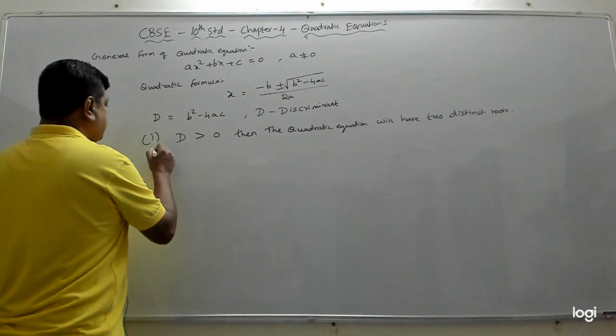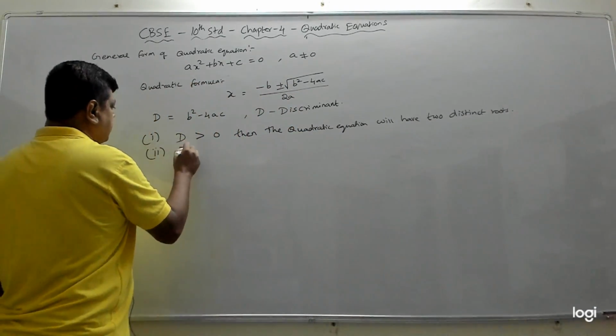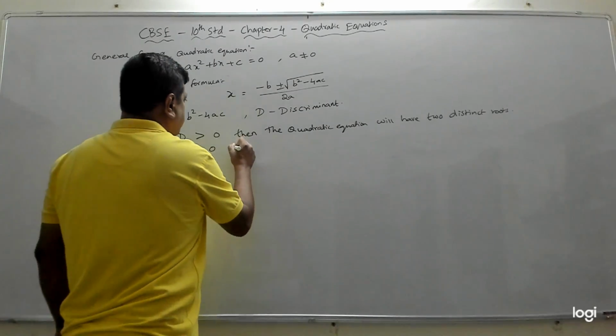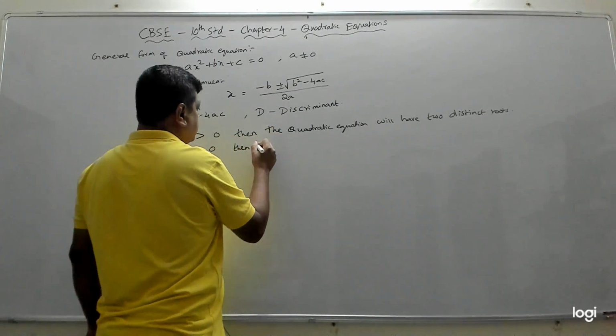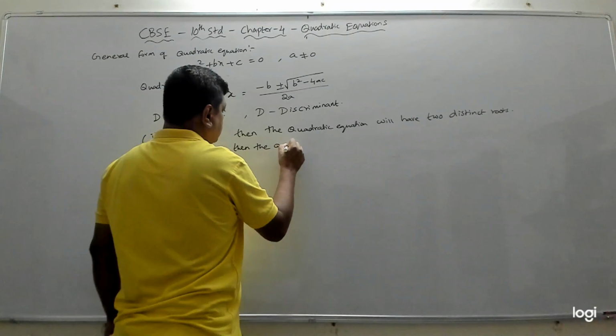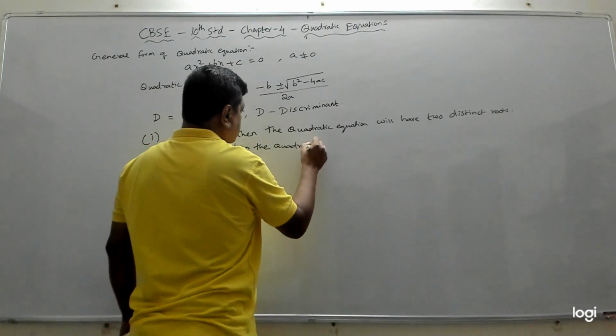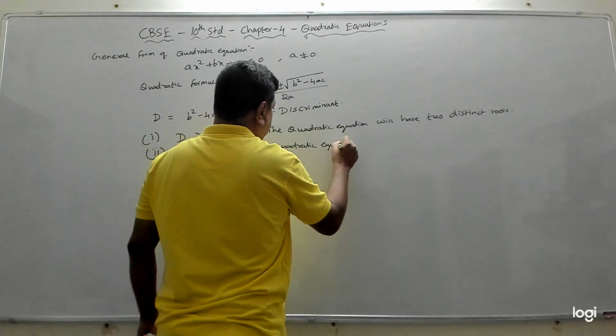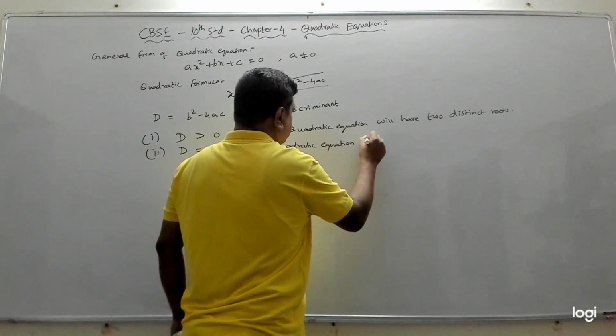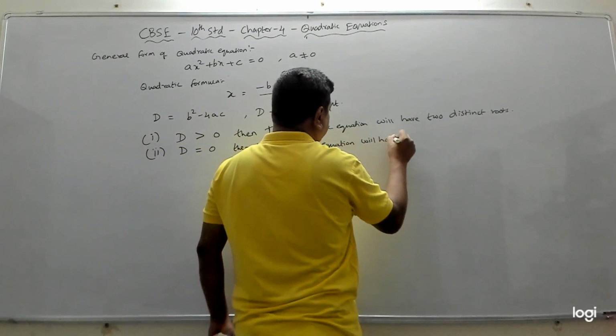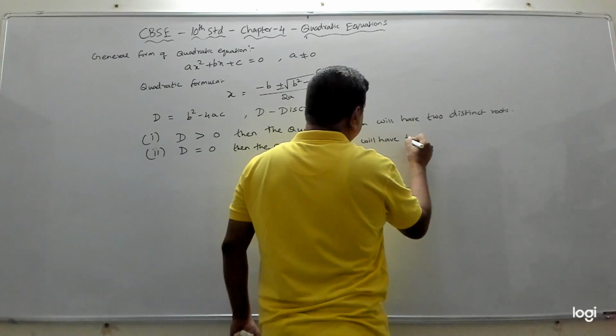Second, if the discriminant D is equal to 0, then the quadratic equation will have two equal roots.